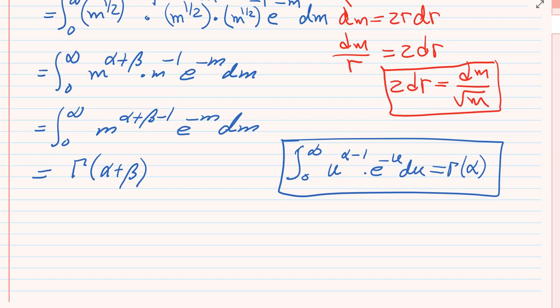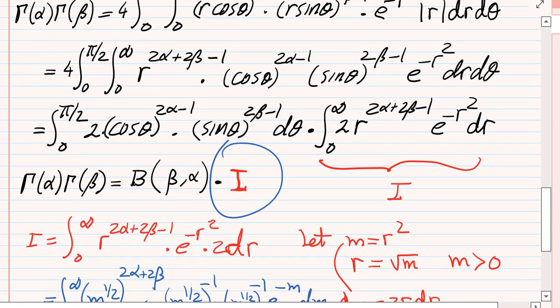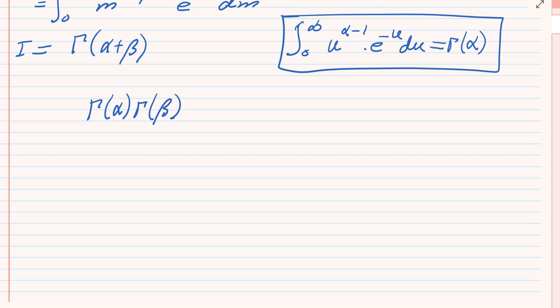Indeed, we're going to substitute now, remember, in I, which is up here. Substitute in here, and we almost have that desired relationship. So that gamma of alpha, gamma of beta is going to equal, I'm going to swap out the alpha and beta in my beta function, times gamma of alpha plus beta that we showed.